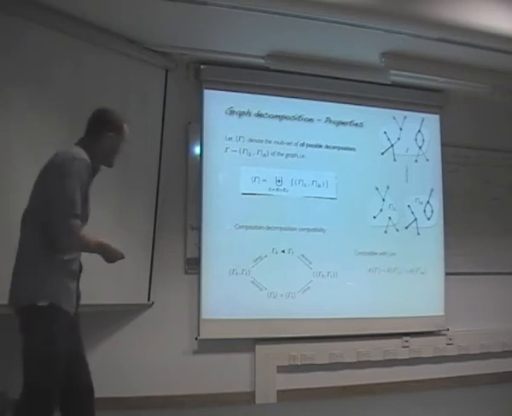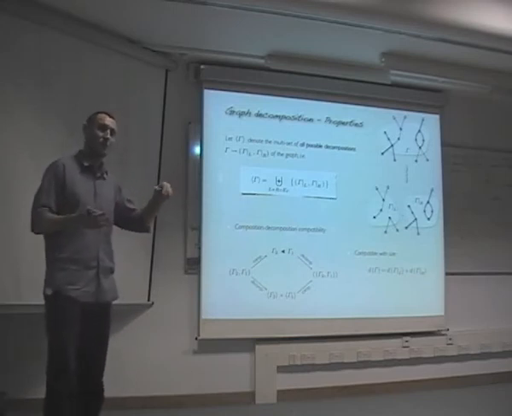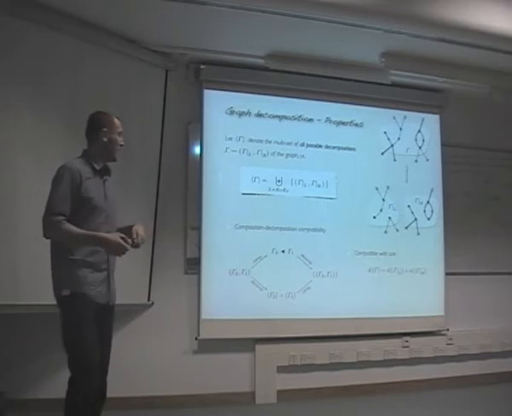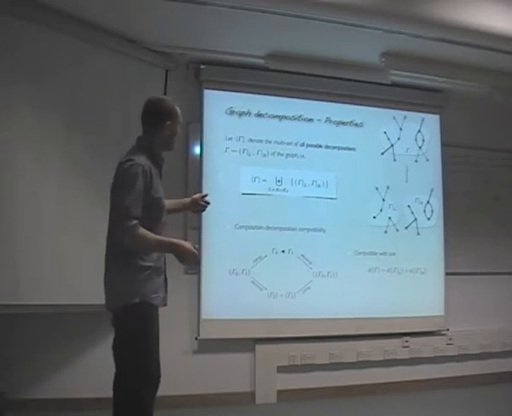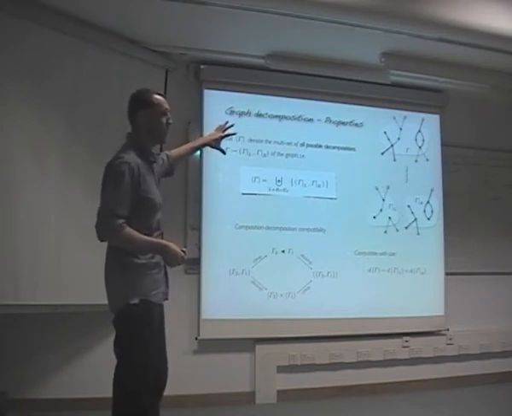Again, this notion is compatible with size. The size, I remind you, is the number of half edges. And I told you that composition was also compatible with counting the vertices.